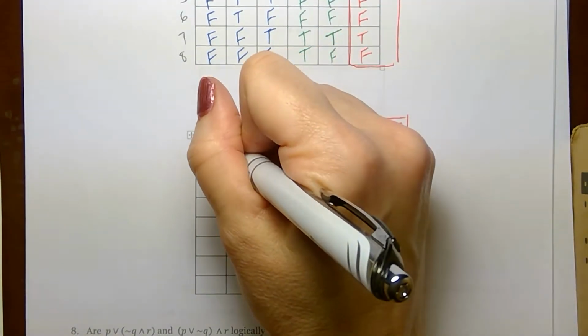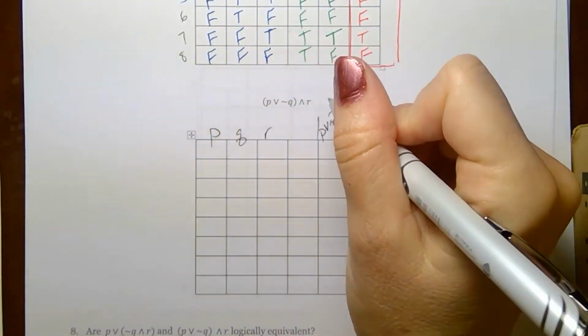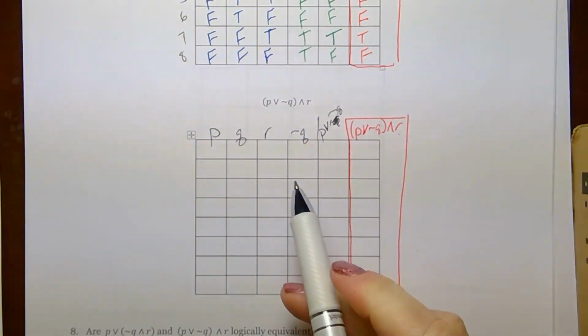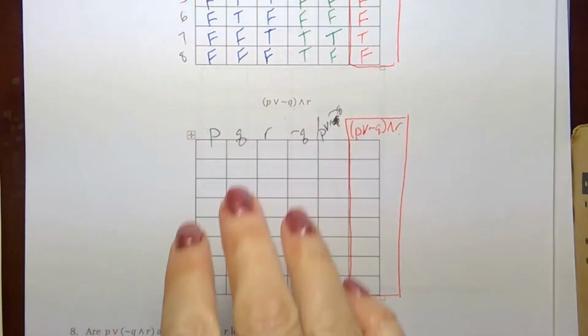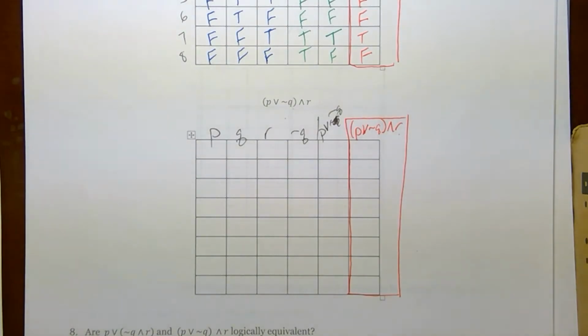Let's do my P, Q, R, and then I need not Q to get what's going on inside there. Which means that the first 4 columns look identical to that last truth table that we filled in. Don't look though. Try to fill it out without looking back. I'm going to fill mine in and then we'll get back together.